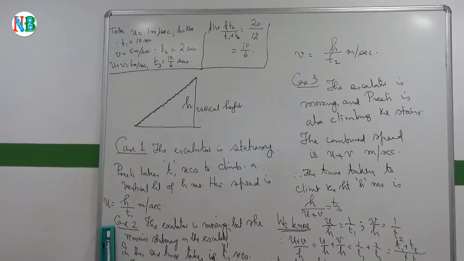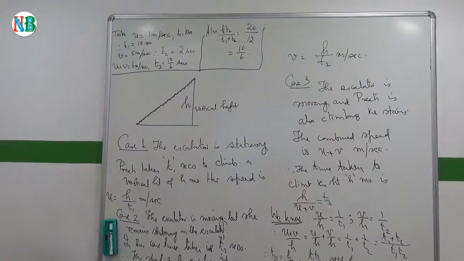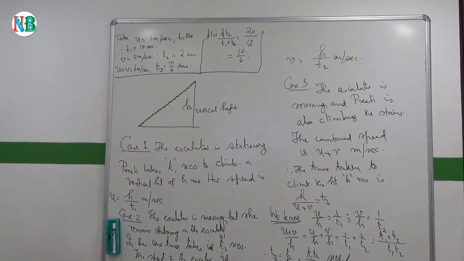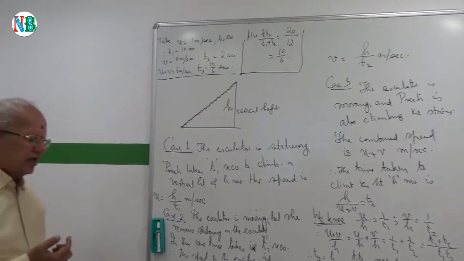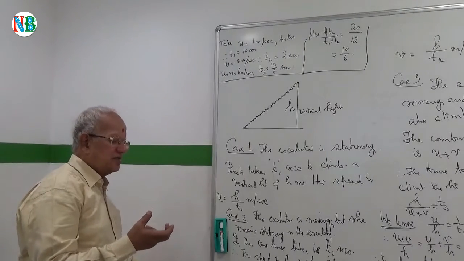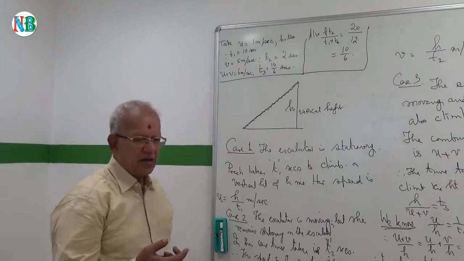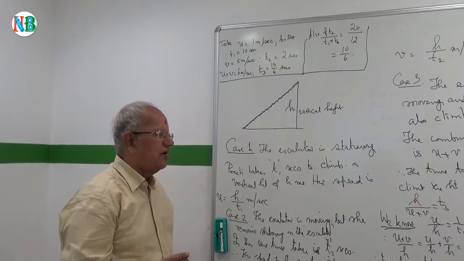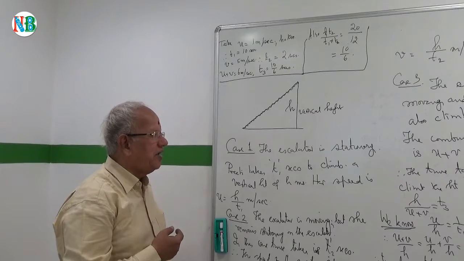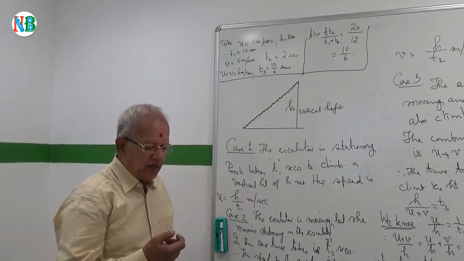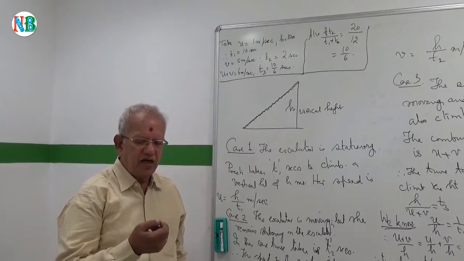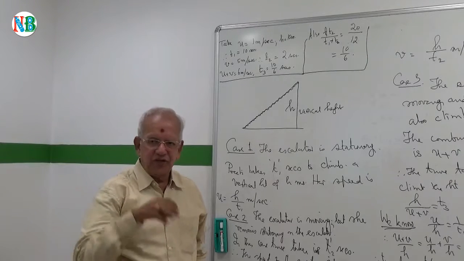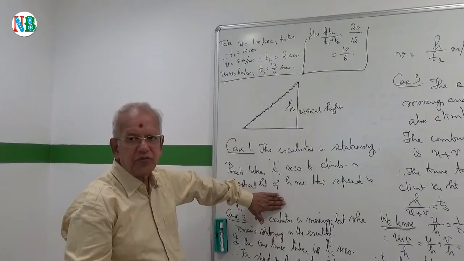And see, most of the problems in kinematics are solved by a simple equation like, say, what is the speed? Distance traveled per time, right? And if the speed varies, the rate is called the velocity or ds by dt. If it is uniform, as it is here, it is uniform speed.